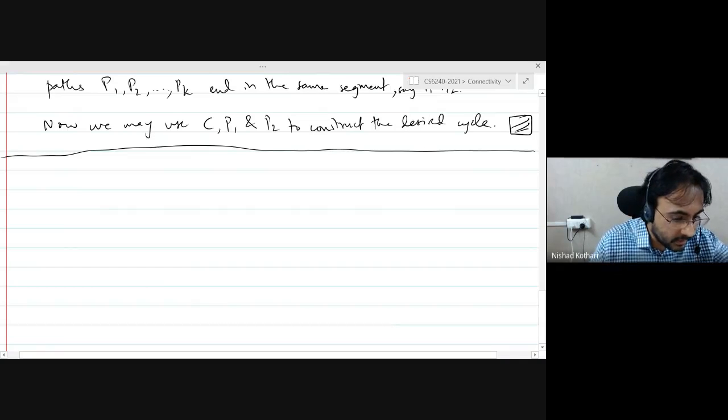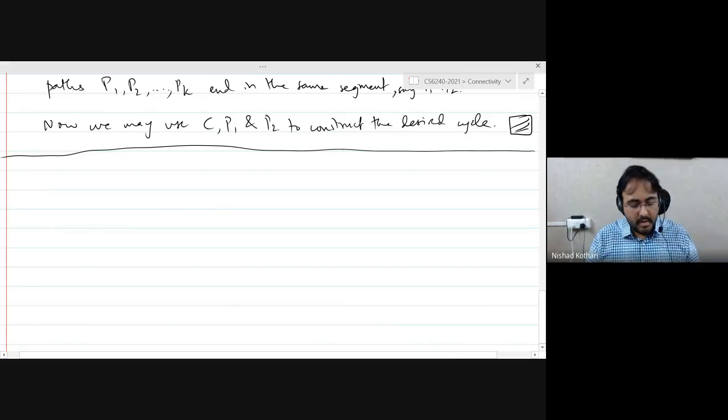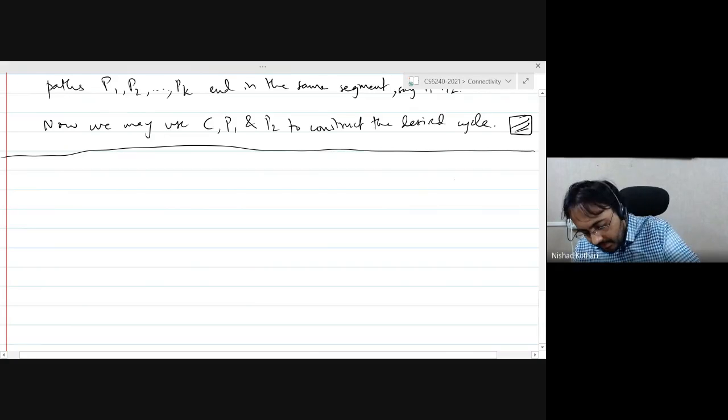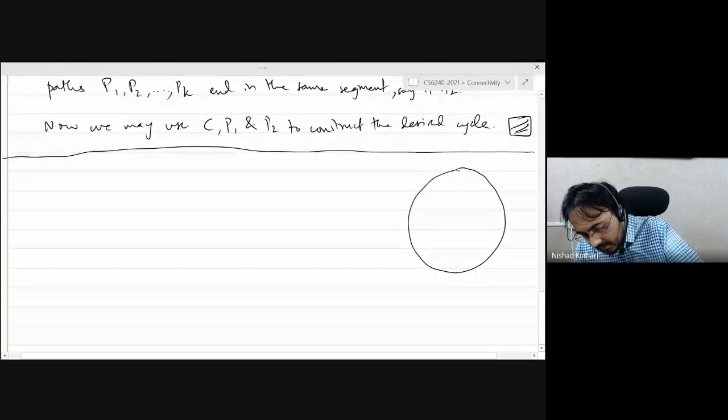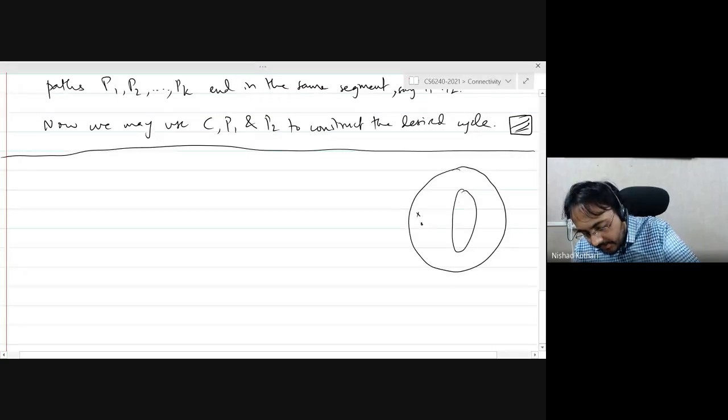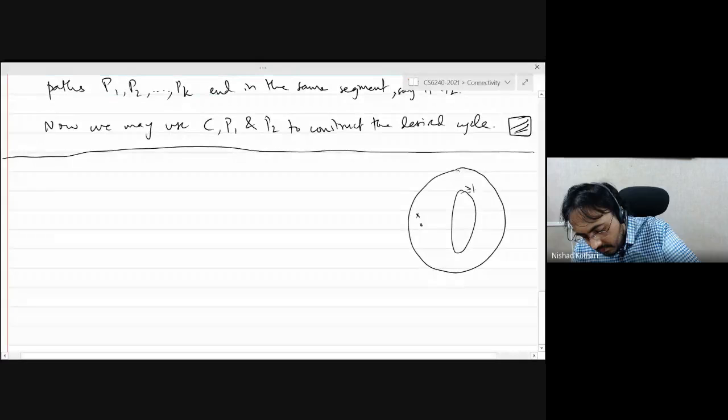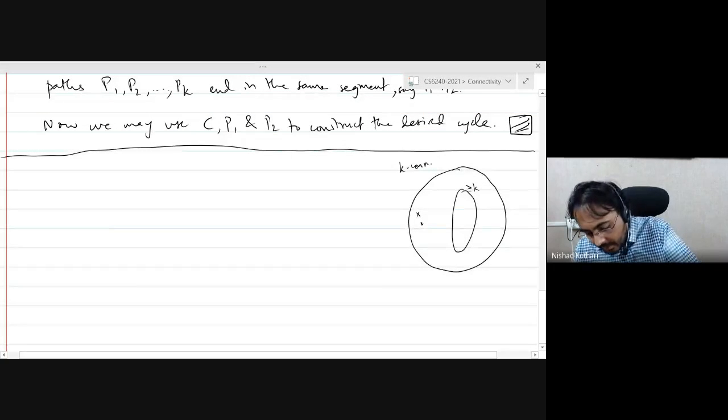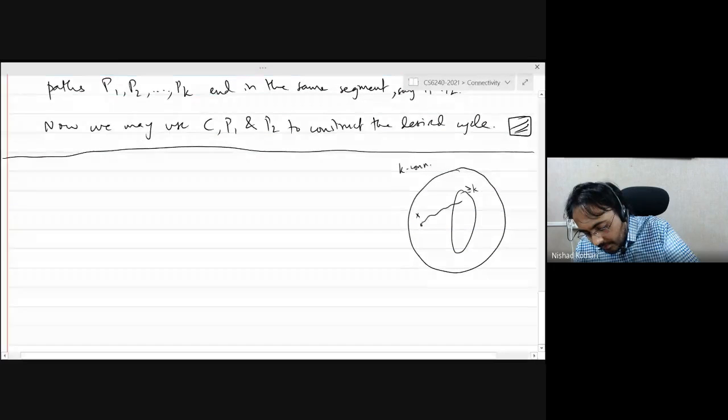So let's see. We want to prove the fan lemma, which means we have a vertex x, we have a set of at least k vertices, we have a k connected graph, and we want to prove that there are these paths that are basically disjoint with each other except for the vertex x.